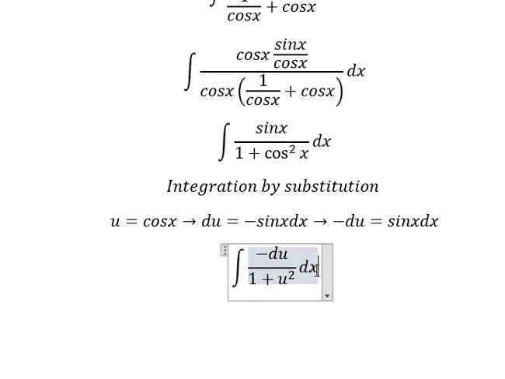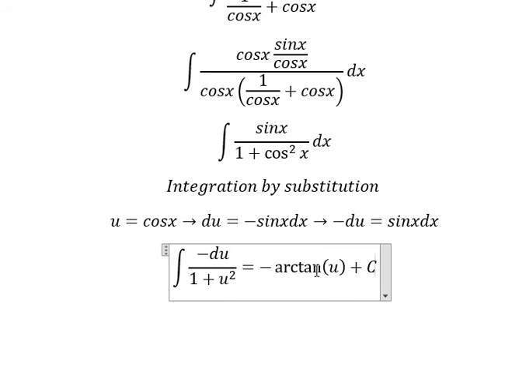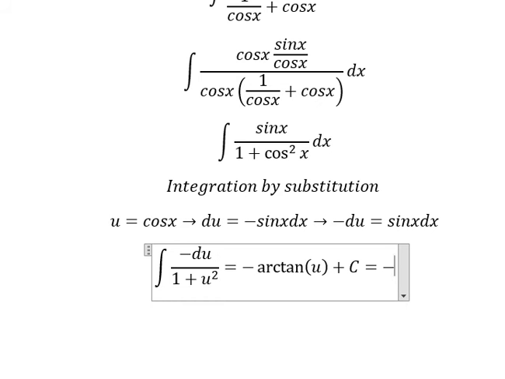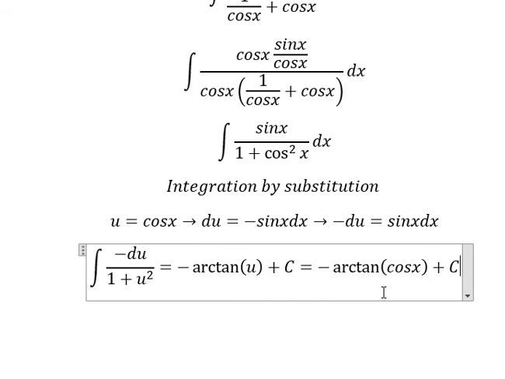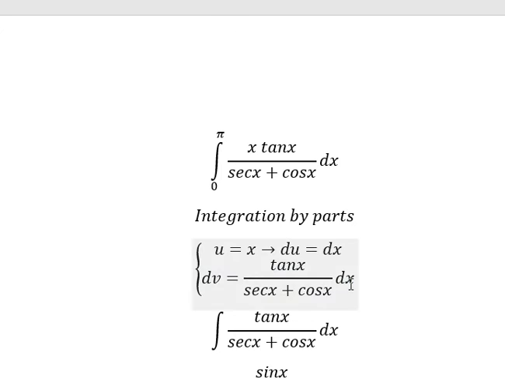The integration of this one, we have negative arctan of u, and we put c. About u, that's cosine s. Now, we need to return back to this one.